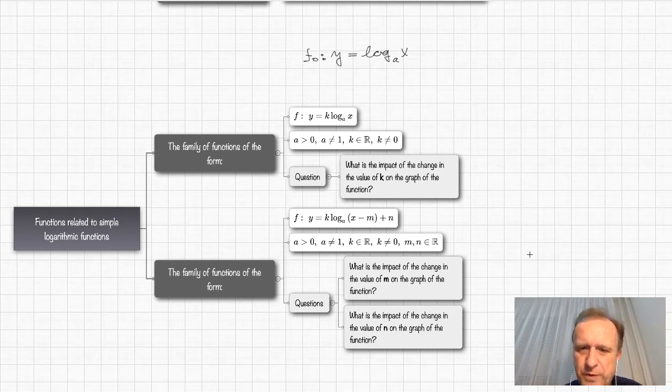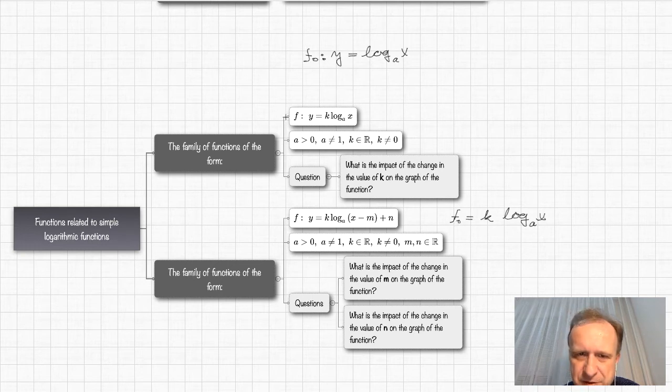It had to do with shifting or translating in the horizontal and vertical direction, and this is exactly what's going to happen here. So this time we have to compare this function f to the original function f sub 0, which is going to be the function k times logarithm in base a of x.